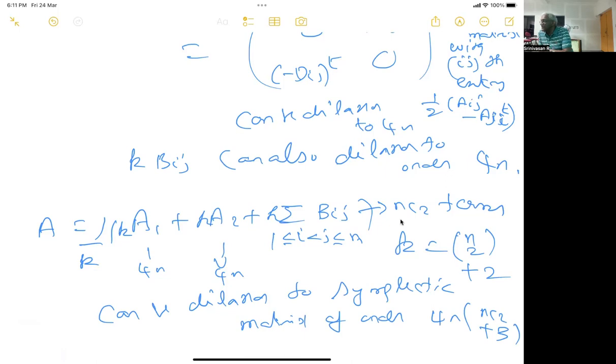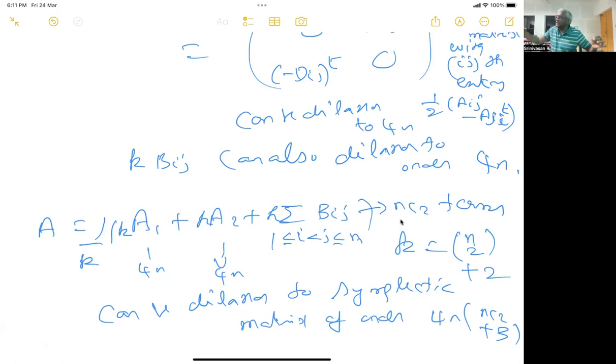So every 2n cross 2n matrix can be dilated to some big 2n plus 2m matrix. What was the order? The order is k times that.